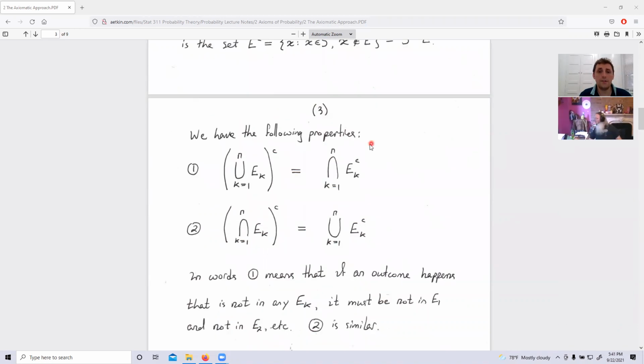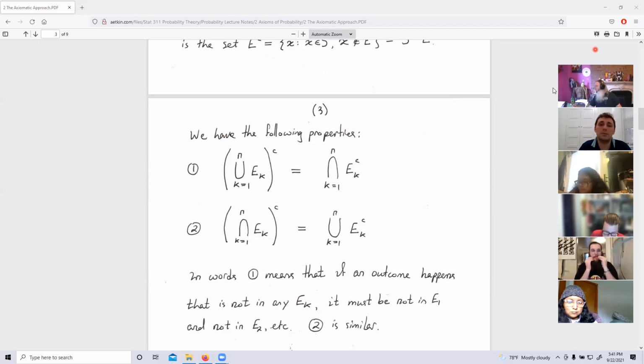Then we have the following very simple propositions. They are very logical, and I will just mention briefly what they mean. The complement of a union is the intersection of the complements. Why is that the case? Well, what does it mean, guys? The complement of the union means that we're gathering all outcomes that are not in any of E1, E2, E3, all the way to En.